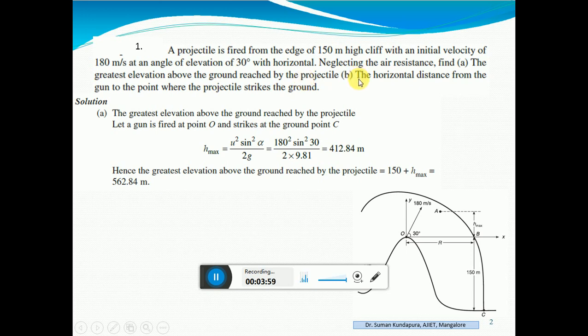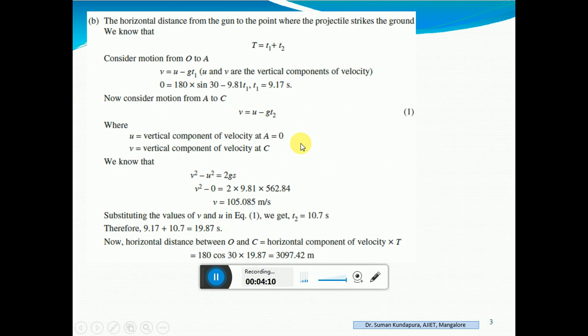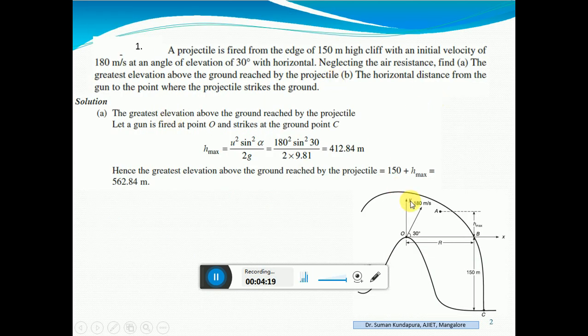Next, what you are supposed to find is the horizontal distance from the gun to the point where the projectile strikes the ground. If you look into the figure of the flight of the projectile from O to A and from the highest point A to the target, the time taken from O to A I will consider as T1, and from A to C as T2.